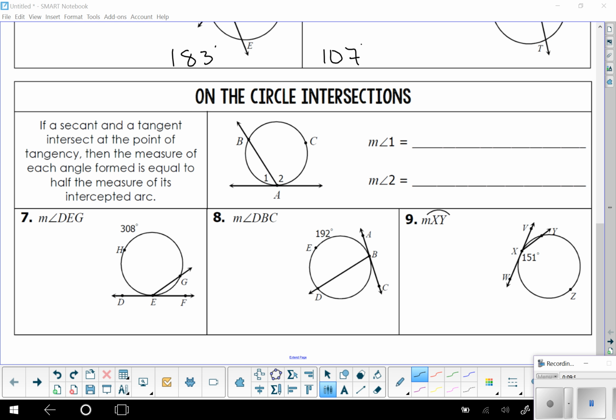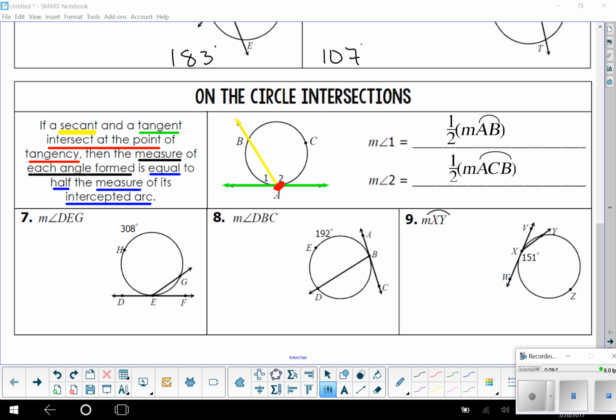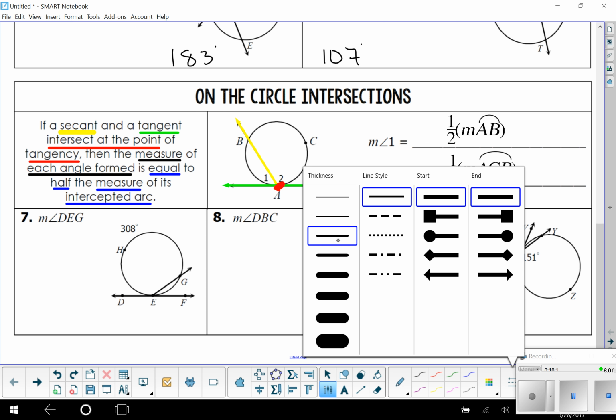Okay, so for on the circle intersection, for this one, the secant and the tangent, if they intersect at the point of tangency, then the measure of each angle formed is going to be equal to half the measure of its intersected arc. So for example, my stylus just decided to crap out on me, which I'm not happy about.